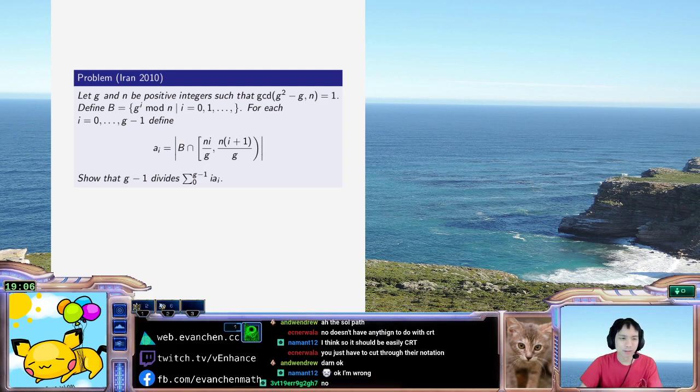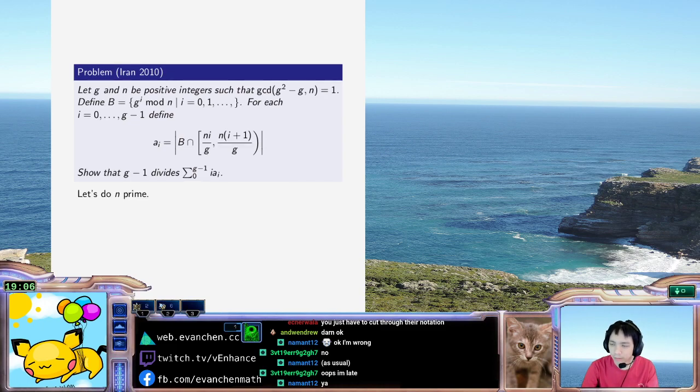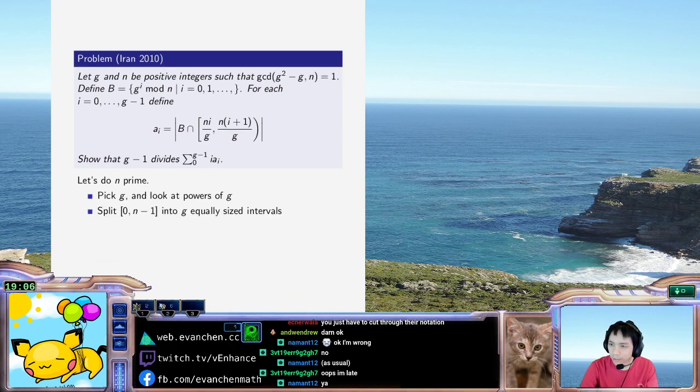Well, let's do n equals prime first. What this is saying is I pick G and look at powers of G, and you split 0 to n minus 1 into G equally sized intervals, and let A_i be the number of powers in each interval.